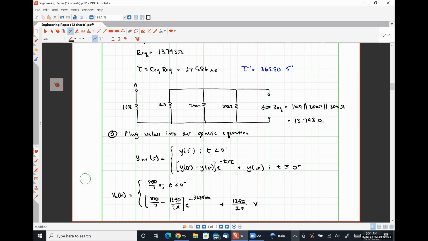All right, so today we've talked about how to handle the case where we have independent sources left in our circuit during the transient condition by including what's called the forced response into our response equations.